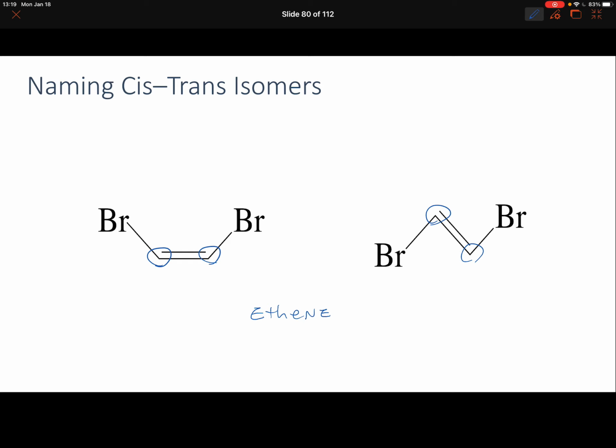We need to say where our bromos are, and there are 2, so we've got dibromoethene, on the 1 and the 2. So 1,2-dibromoethene, where this one is cis-1,2-dibromoethene, and this one is trans-1,2-dibromoethene.